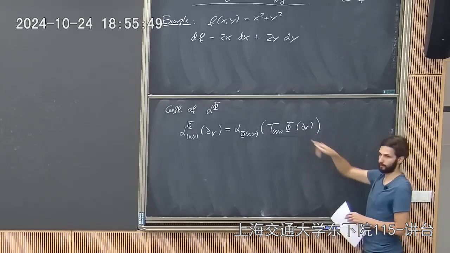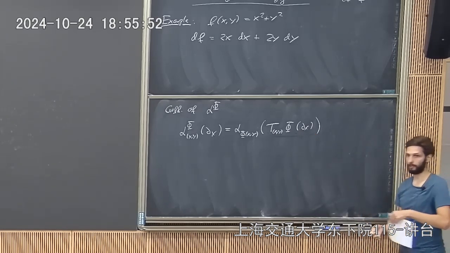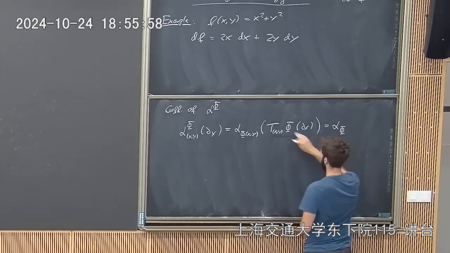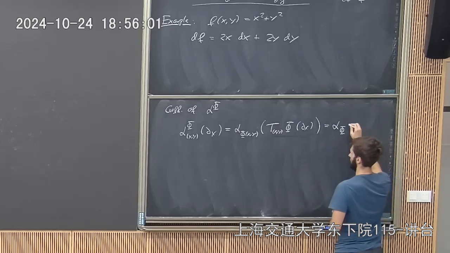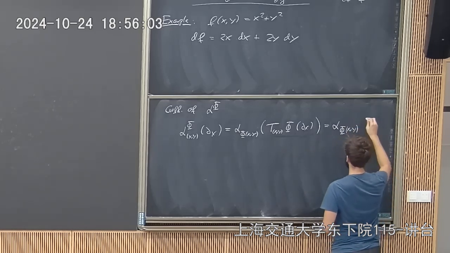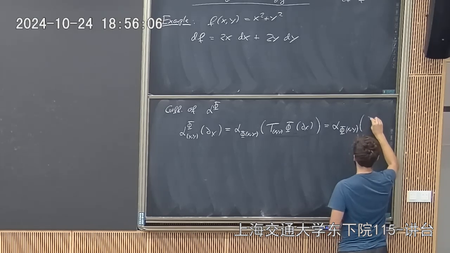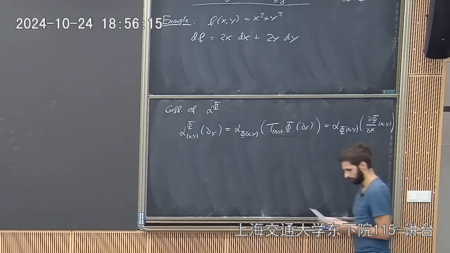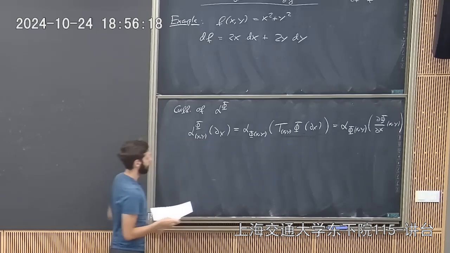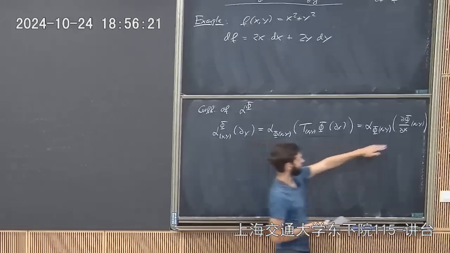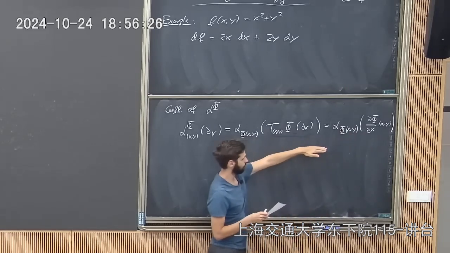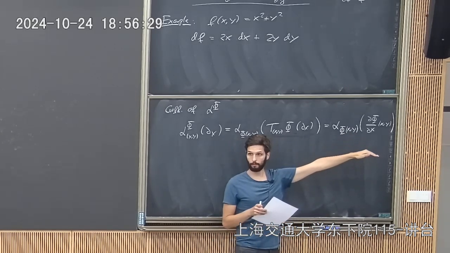If you plug the x in, that just singles out one column of that Jacobian, or one row, depending on your convention. So what we end up with is that this part here is just the partial derivative of phi in the x direction, evaluated at (1, 0). That's the coefficient. You take the partial derivative of phi, which gives you a certain vector, and then you plug this one in. That's an important formula that is quite handy in applications.